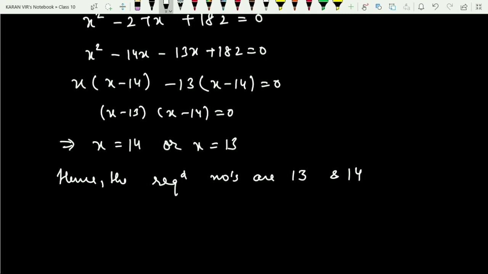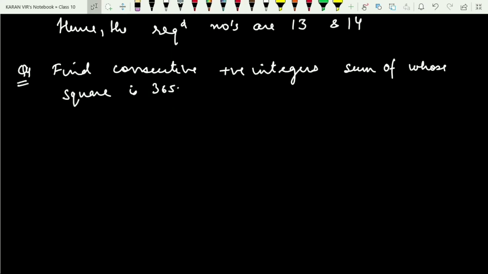Moving on to the next question. The question is, find two consecutive positive integers the sum of whose squares is 365. In my previous video also I told you about consecutive integers. If the first integer is x, the next integer will be x plus 1. This is the first step, and it is given that the sum of whose squares.